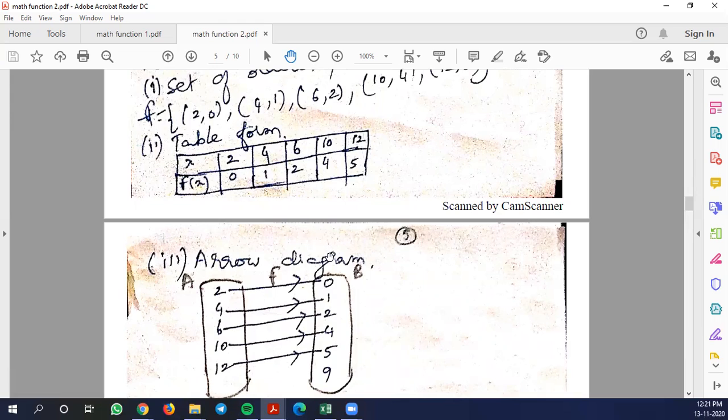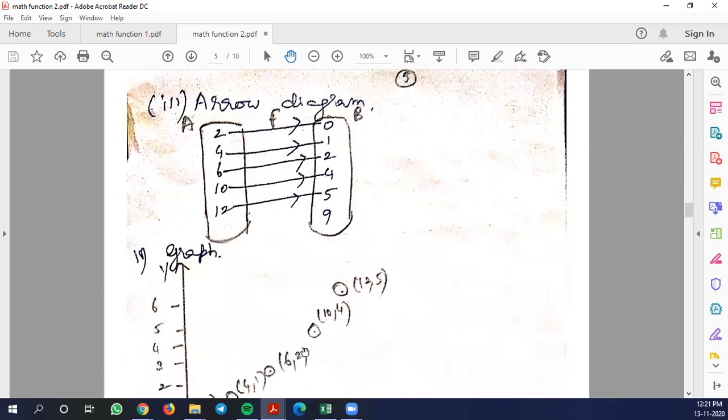Then in the B set, you have to write all the elements of B. Then when you are drawing the arrow diagram, 2 to be matched here: 2 comma 0, 4 comma 1, then 6 comma 2, 10 comma 4, and 12 comma 5. Remember that this 9 is left over, let it be like that. But it is very important to write 9 in the set B because it is an element of the set B.